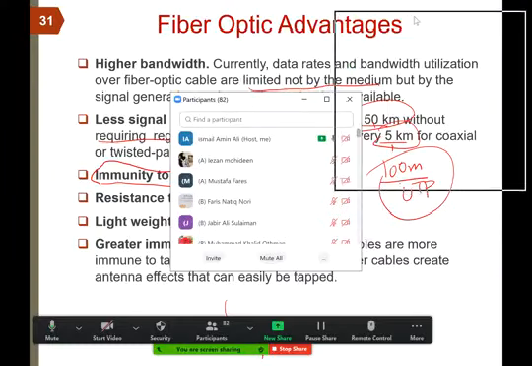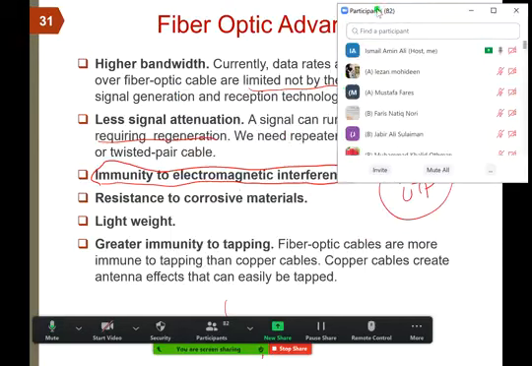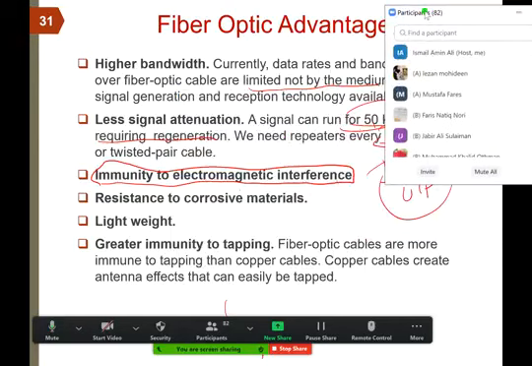Only at the ends, when we use converters, we use the electric. But in the cable itself, it's a light signal which is not affected by electromagnetic interference. This is a very big advantage, of course. When you have a noisy environment, it will not be affected by electromagnetic interference.